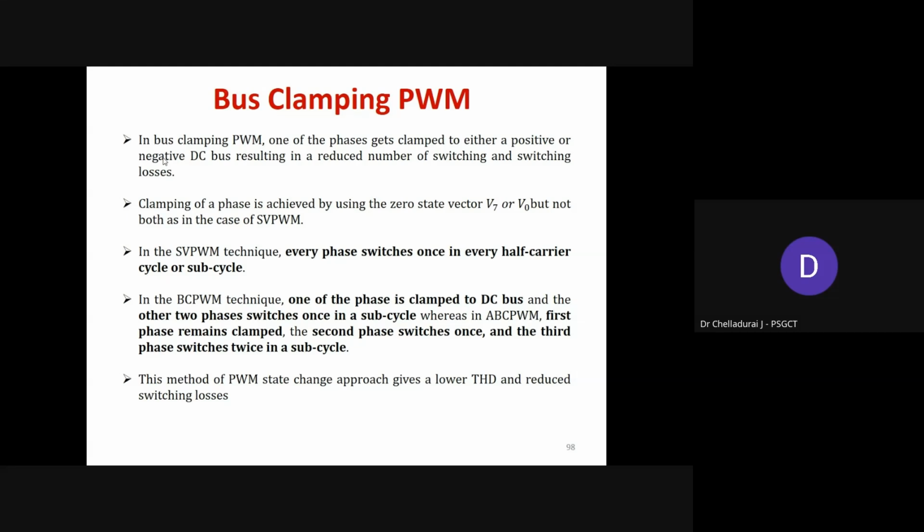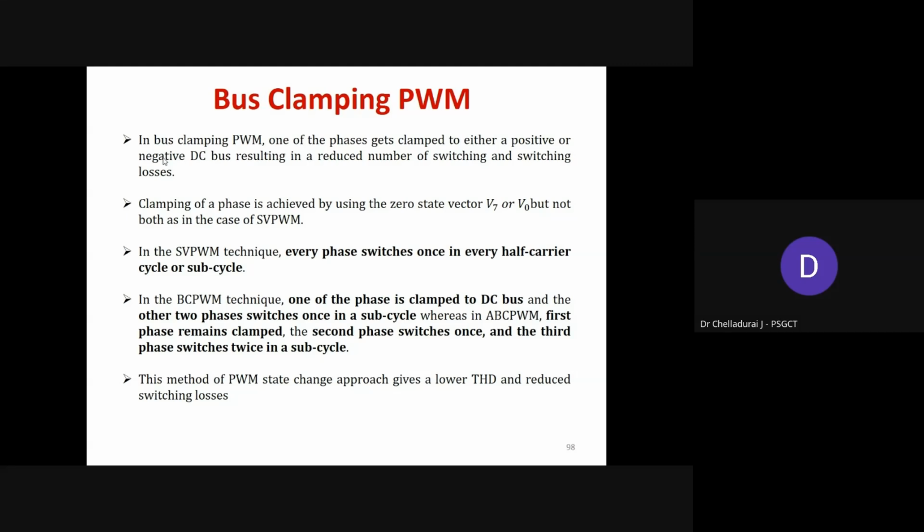So instead of using continuous turn on and turn off with the help of space vectors, we use bus clamp PWM techniques. So out of 3, one particular phase is clamped, either 111 state or 000 state.